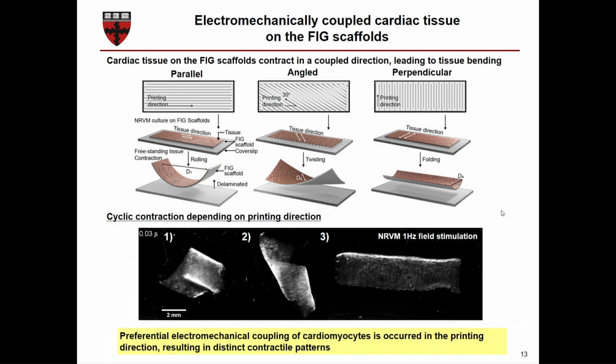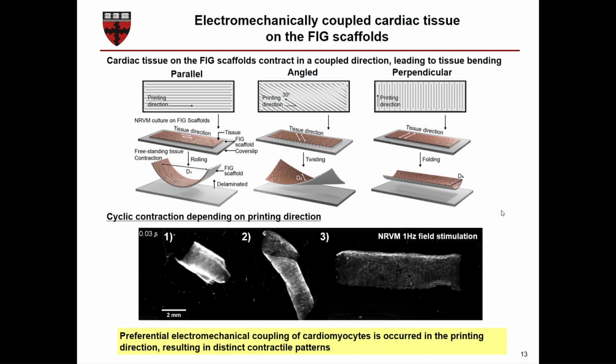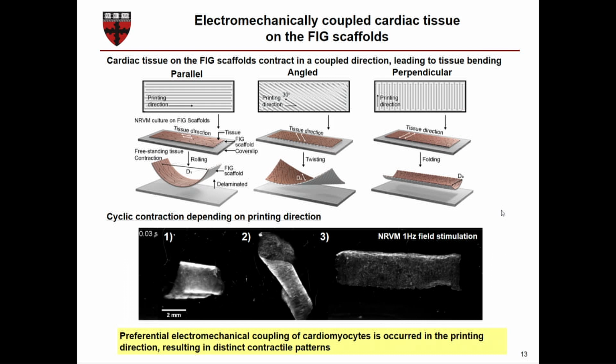And after we culture the cells, we delaminate this whole structure from the substrate. Then what happens is, because the cells want to contract in one direction, they shrink, but in the other parts there is no cell, so the dimension is maintained. So they want to bend inward.